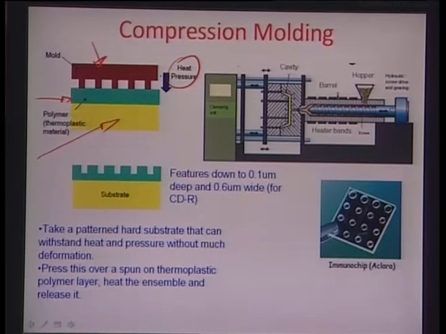So, once this mold is pressed onto this thermoplastic material, there is a shaping of this thermoplastic material as the negative of the mold that is used for the squeezing. Okay. And then the idea is that you remove the mold, and whatever remains here is well set, and thus the negatives of the features on the mold are transferred onto this material.